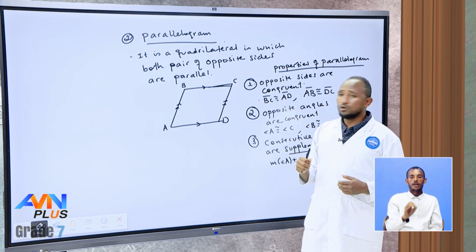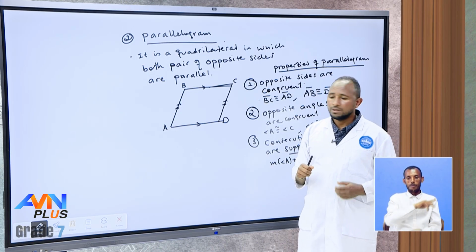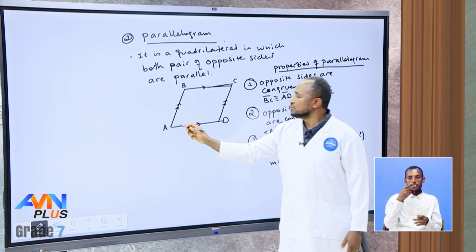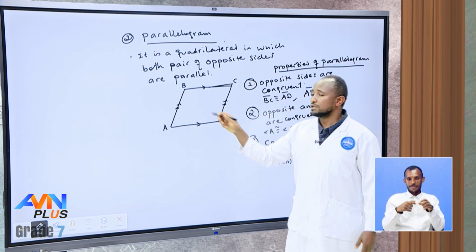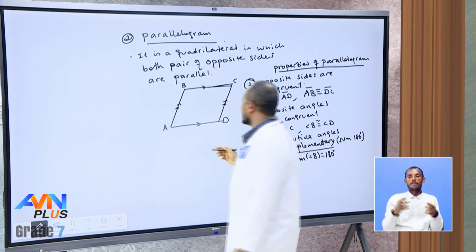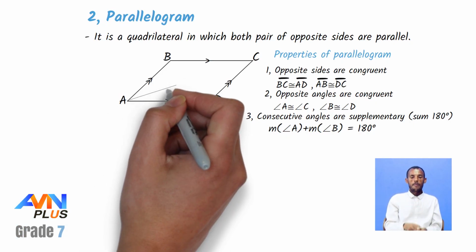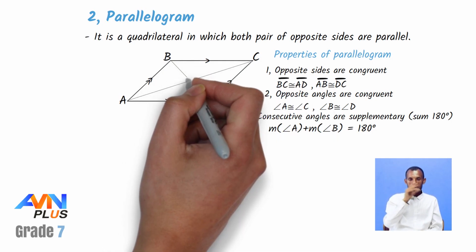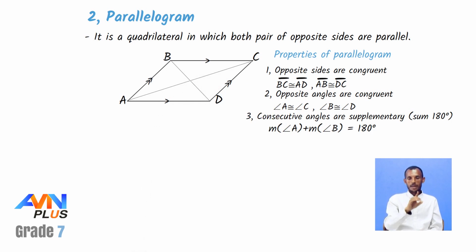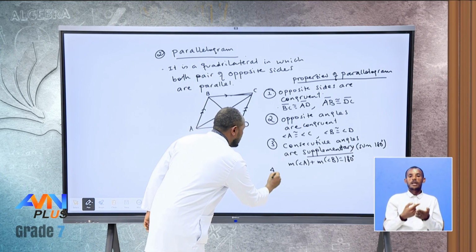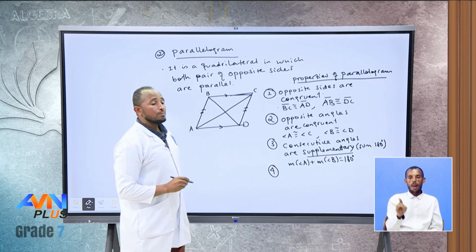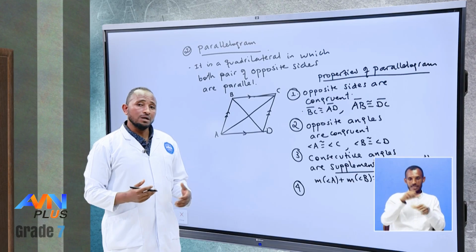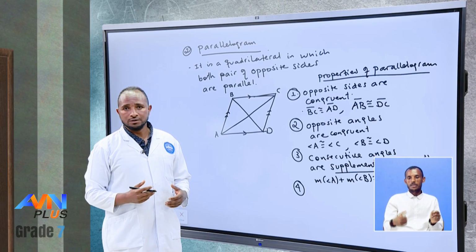One more property for a parallelogram. As we said earlier, a line segment joining opposite vertices is called a diagonal. So here, in this parallelogram, one diagonal is AC, and the other diagonal is BD. So the diagonals of a parallelogram bisect each other. What does this mean? Bisect means one divides the other into two equal parts.